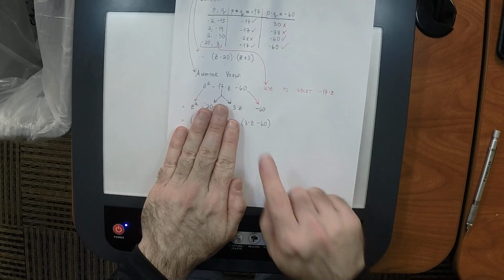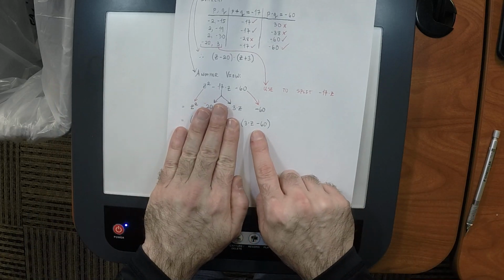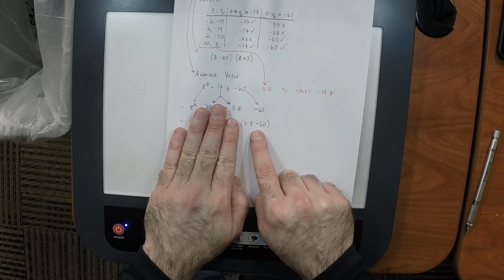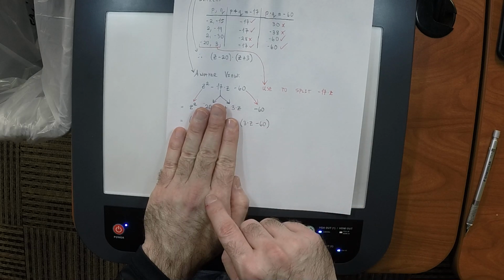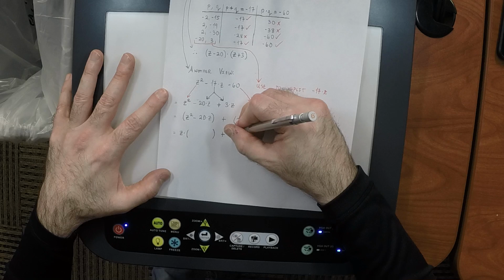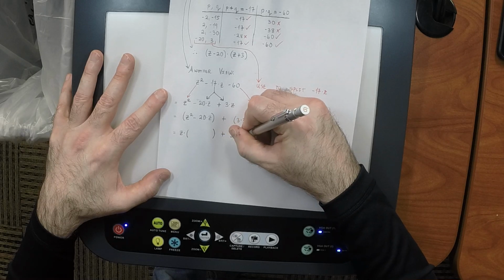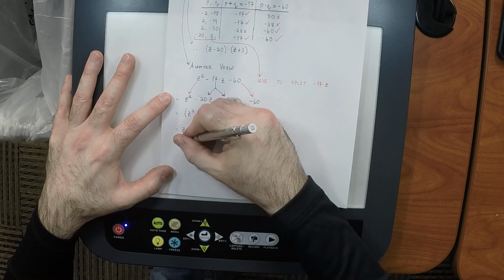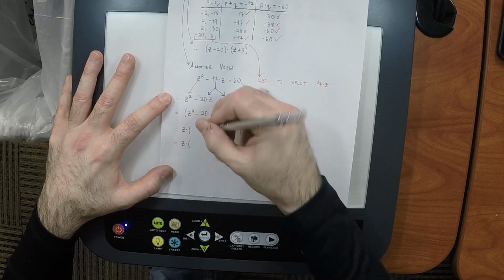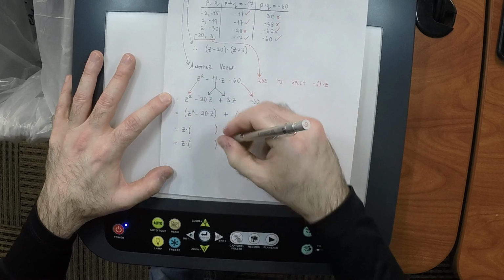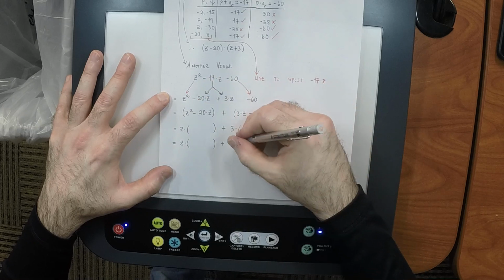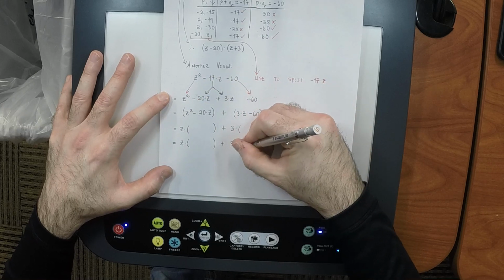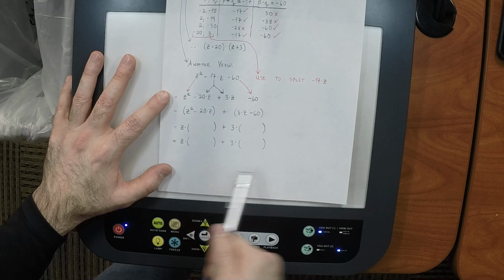And then for this group, what's its GCF? 3, right? So I'm going to factor out 3. And to complete that process, we need to fill in those parentheses. But in case you look at the notes later, I'm going to leave that line there, just so you can see that there was a question to ask.